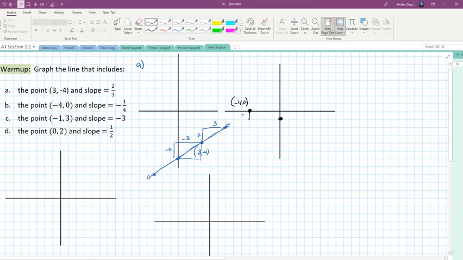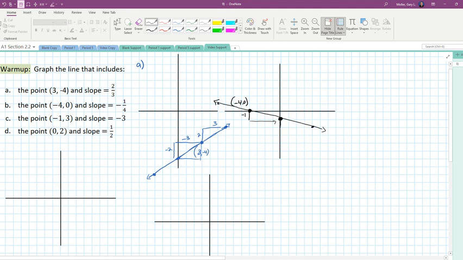So down 1 and then +4. Down 1, 1, 2, 3, 4. I could have also, back to our other discussion, gone up 1 and then -4. 1, 2, 3, 4. Notice I'm still on the same line. Double check. Slope is negative. It should be going down. My slope is going down.